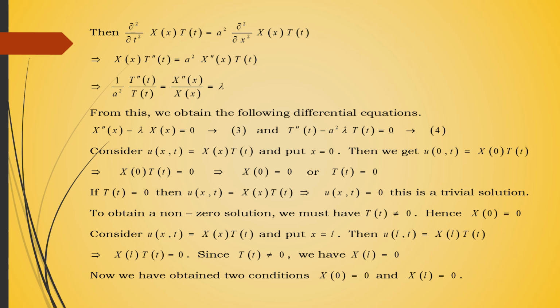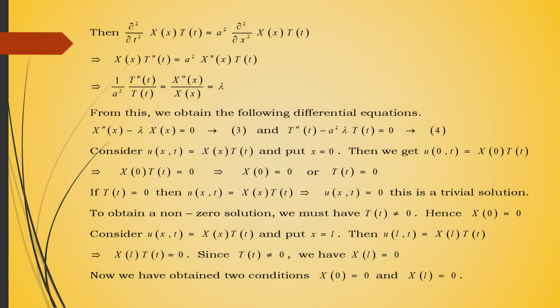Let this equation be equation number 4. So, by using the method of separation of variables, we have obtained two second order differential equations, X double dash of x minus lambda X of x equals 0 and T double dash of t minus a square lambda T of t equals 0.